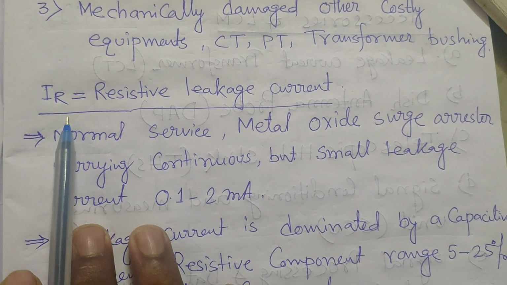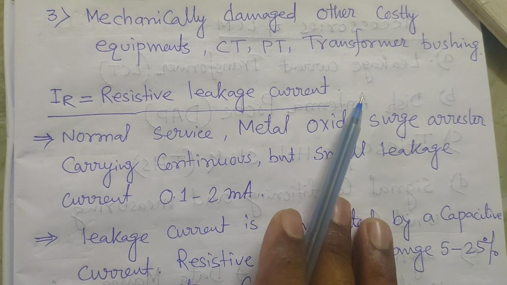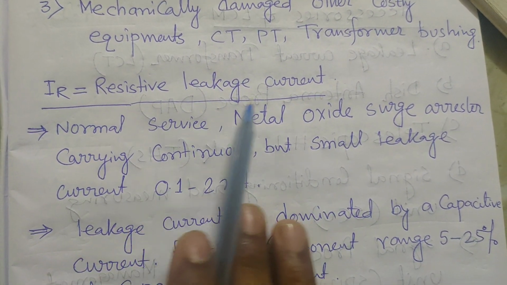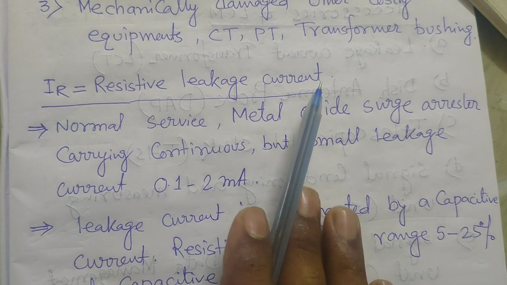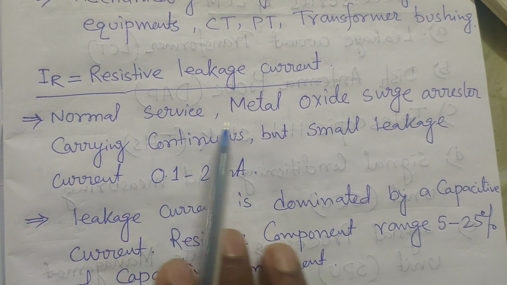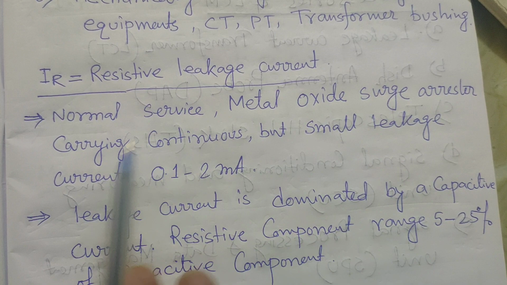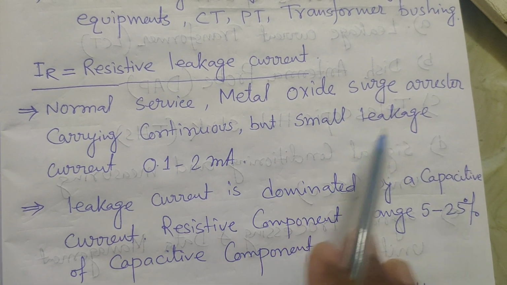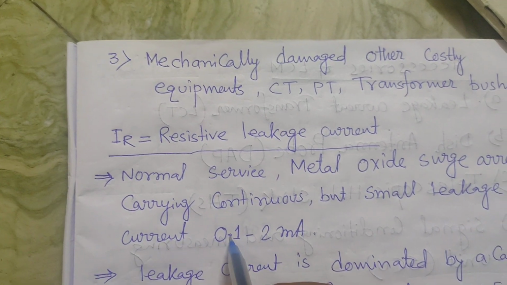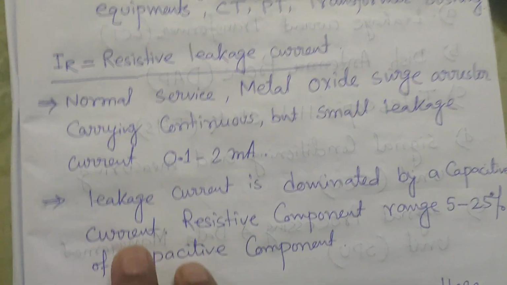So what is IR? IR is the resistive leakage current. You have to calculate and control the resistive leakage current for the healthiness of an LA or the surge counter. A normal service metal oxide surge arrestor carries a continuous but small leakage current of 0.1 to 2 milliampere.